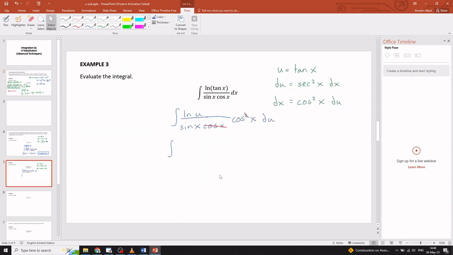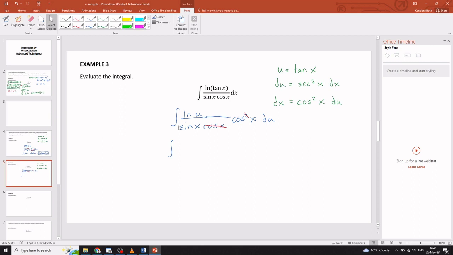Okay, so our u is equal to tan x. So how can we make a substitution with tan x that could take care of that cosine x over sine x? Well, cosine x over sine x is cotangent of x. And cotangent of x is 1 over tangent of x.